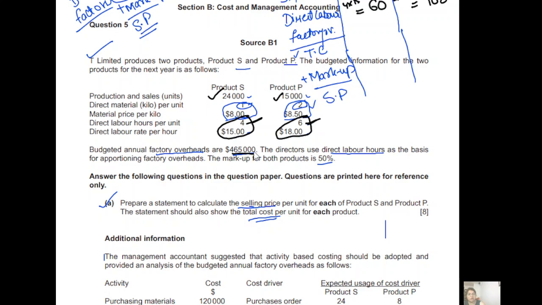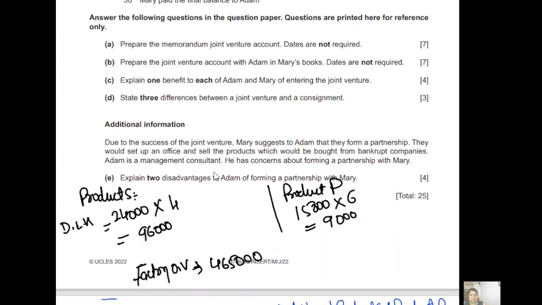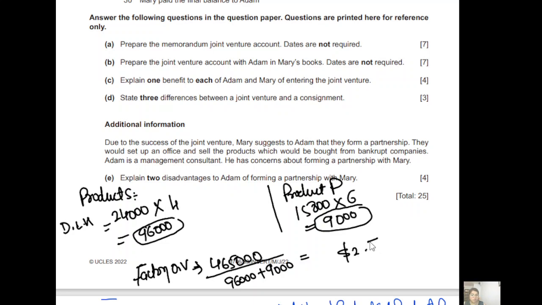So 465,000 divided by the direct labor hours for product S plus product P, 96,000 plus 9,000, so your overhead per labor hour is $2.5.